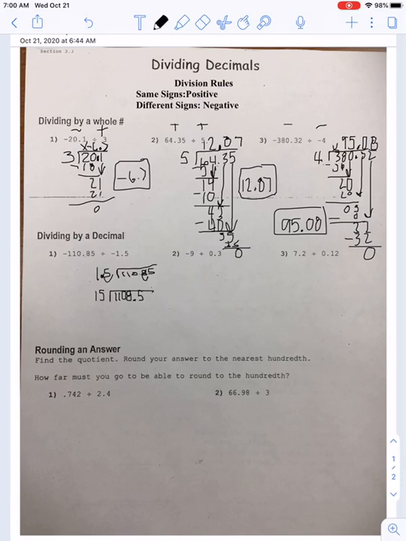So now we divide. 15 can't go into 1, 15 can't go into 11, 15 can go into 110 7 times. That's going to give us 105.